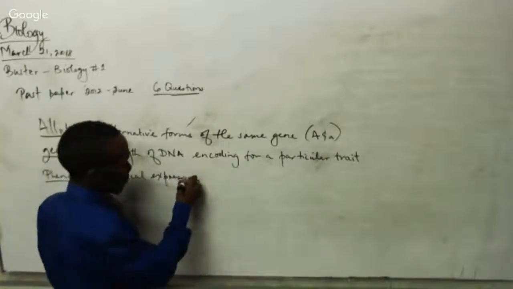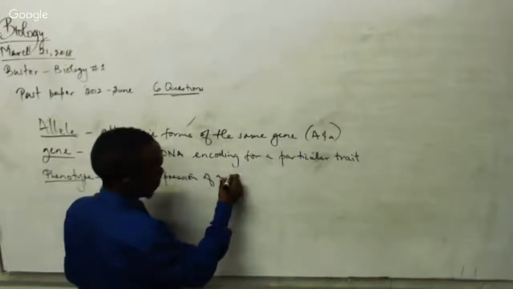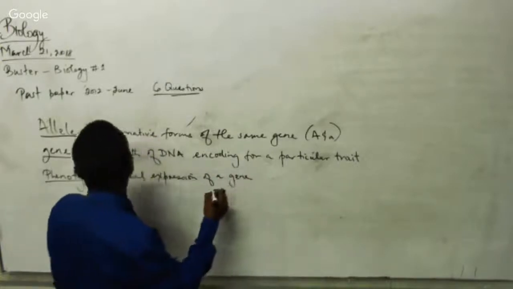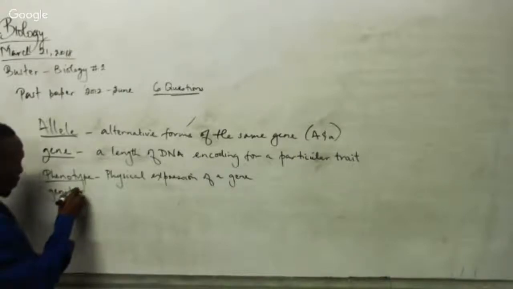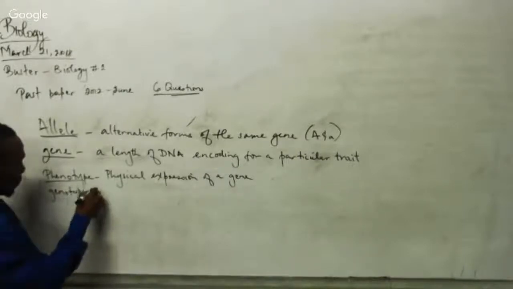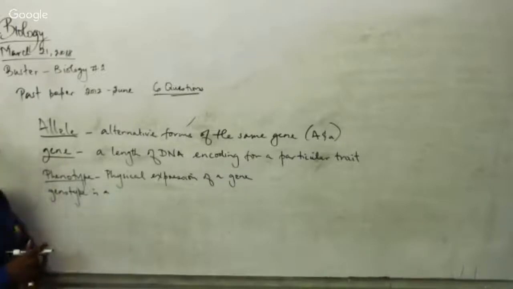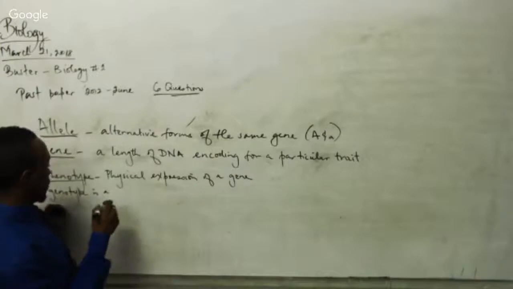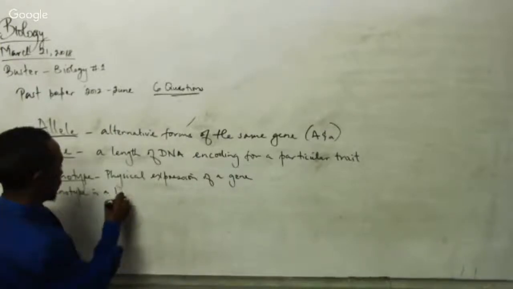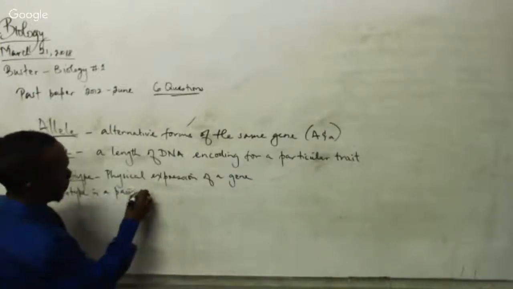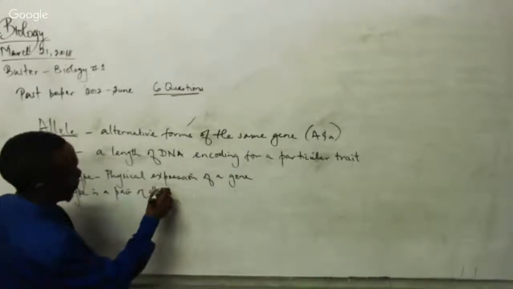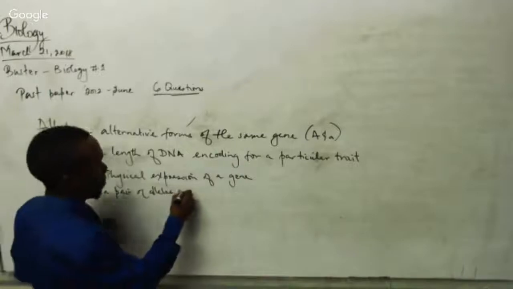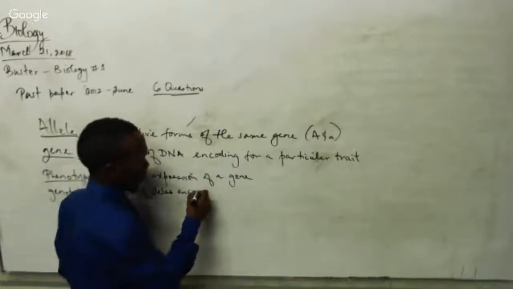And the genotype is a pair of alleles. Or you could say a group of genes. The genotype is a pair of alleles encoding for a particular character. Isn't allele already a pair?